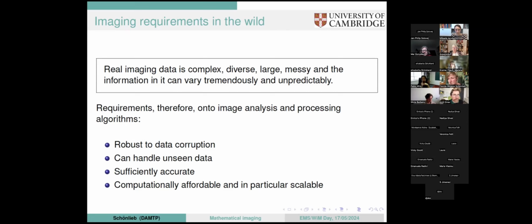So we need imaging to look at this, and in a research context we often don't know what is going on. We look at new materials, at new proteins that we want to understand, and we want to use imaging to understand things.